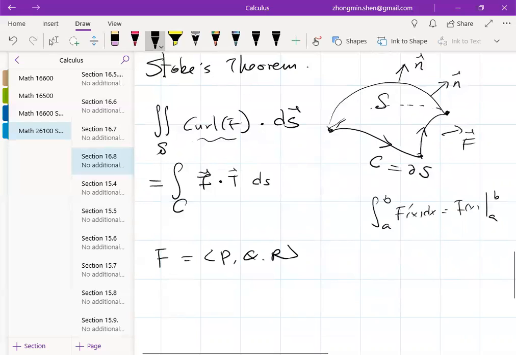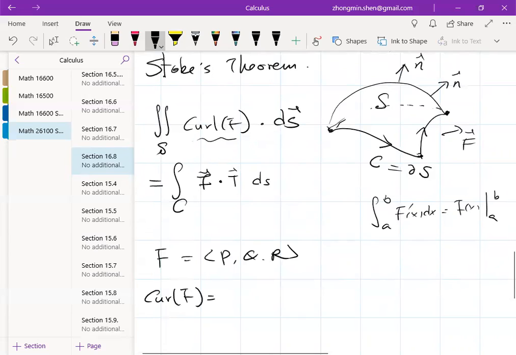Then what is the curl of the vector field? This was given in the previous section. It's hard to memorize, but the formula will be easier to memorize.